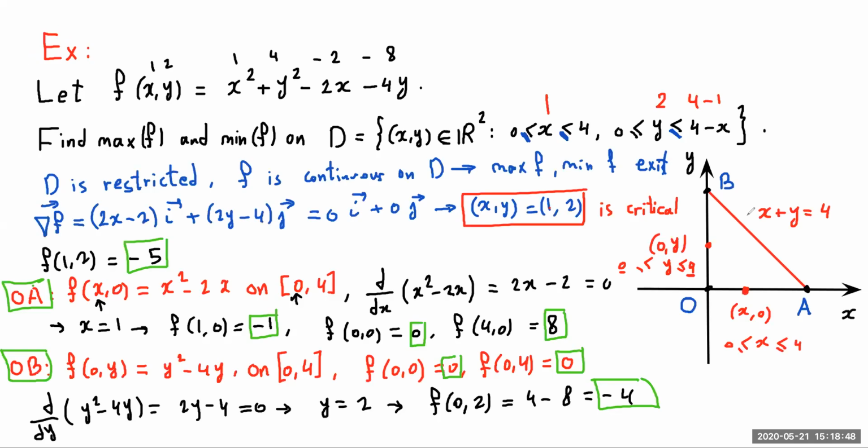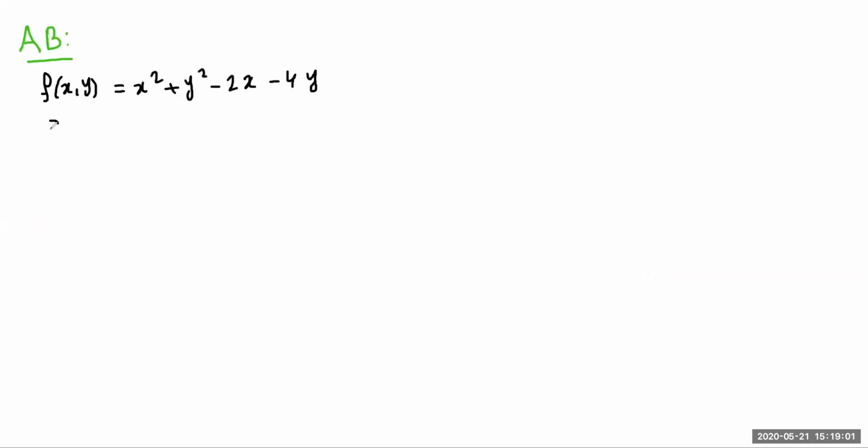Okay, now on AB, any point here, the coordinates will be x and 4 minus x instead of y. So let's calculate f of (x, 4 minus x). It will be x² plus (4 minus x)² minus 2x minus 4(4 minus x).